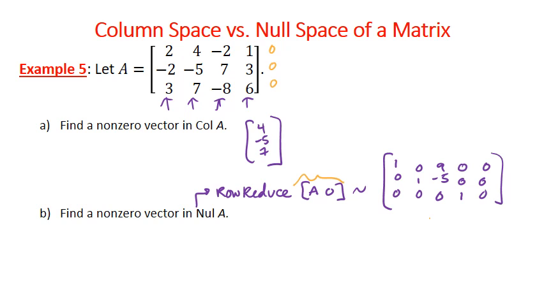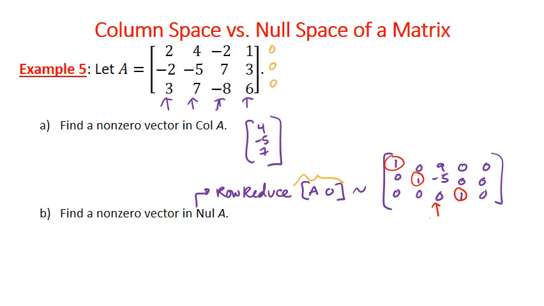Okay, so remember the next step. Now that we have this reduced matrix, it would be helpful to identify our pivots and our free variables, and then write the general solution.